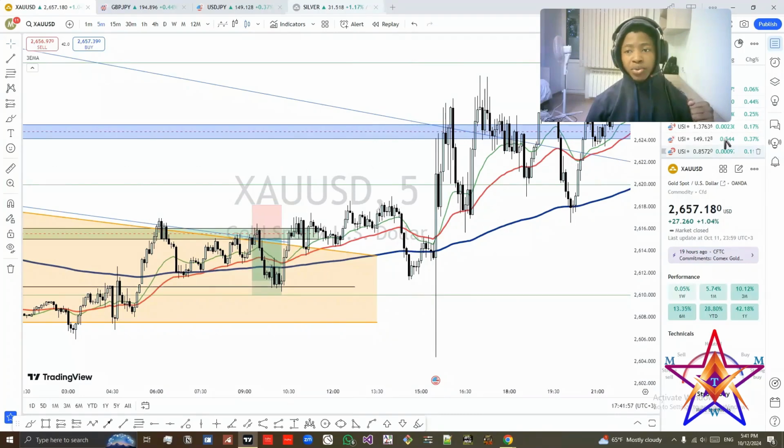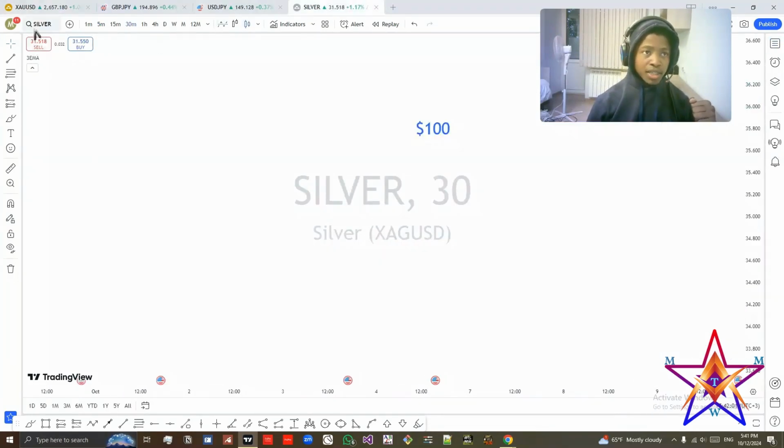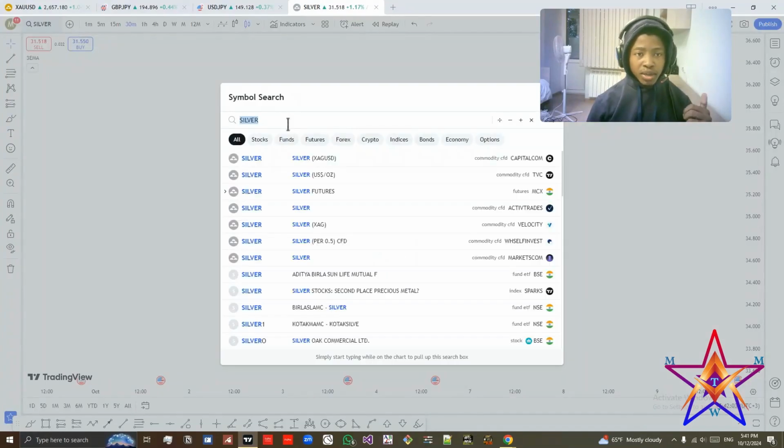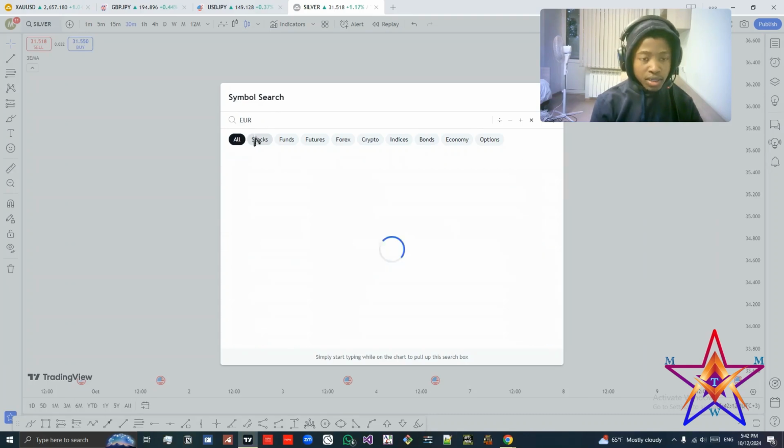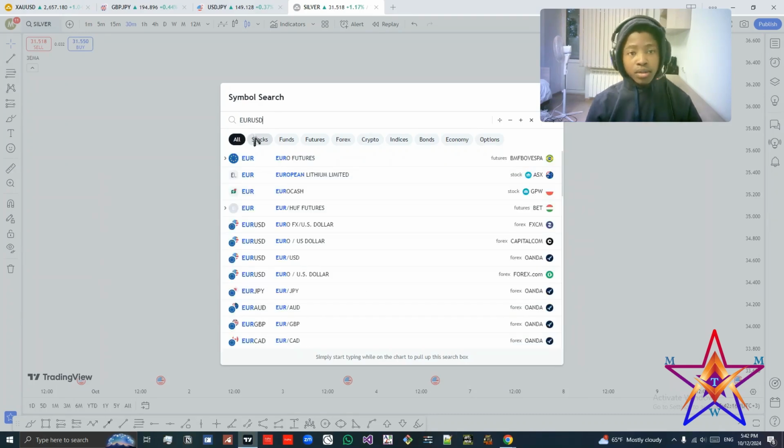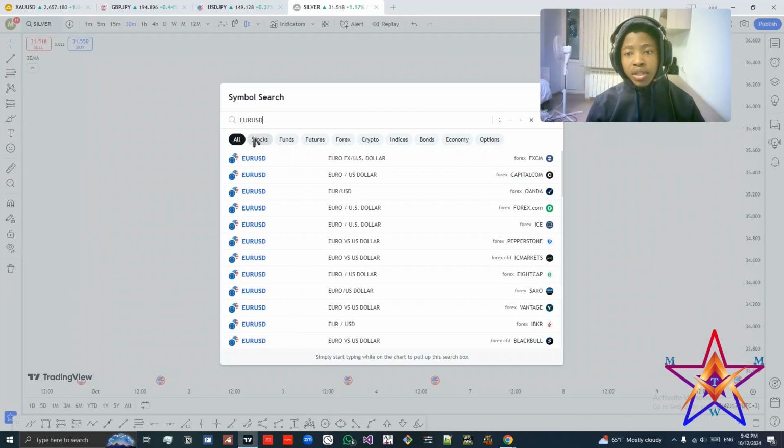So you must make sure that it's written OANDA when you open a new chart and search here. You want a new element, right? These are the companies. You see it is written several names. Let's say you want EURUSD. I'm not trading that currently. Maybe in the future, I don't know. Let's say EURUSD. I don't have it on my list, right?